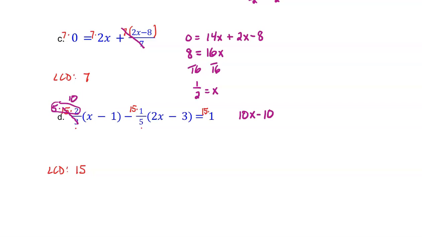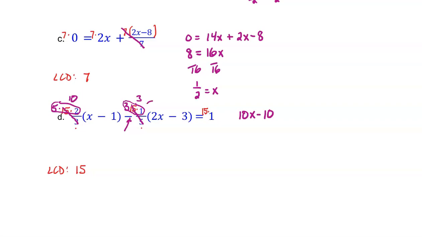Now let's move our attention to the next part of the problem. The 15 over 5 reduces to a 3. 3 times 1 is like this just being a 3. There's also a minus sign in front that's going to go with that 3, so think of it as negative 3.